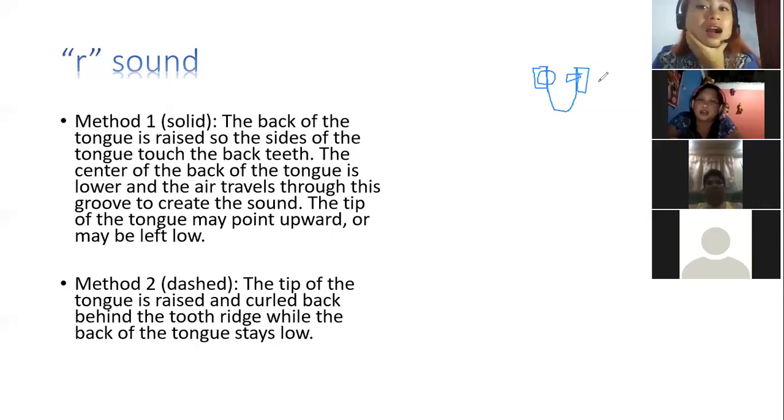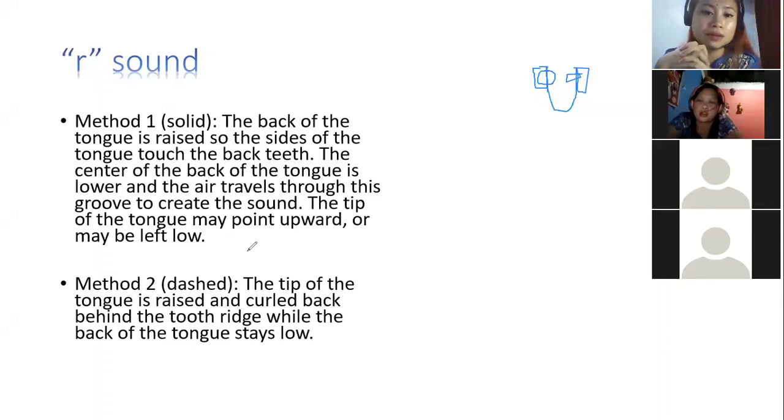Like er, er, er. Okay, good. So the tip of your tongue can touch the base of your mouth, but it can also be just left low, like er, it's not touching the roof of my mouth. Okay, so this is method 1.